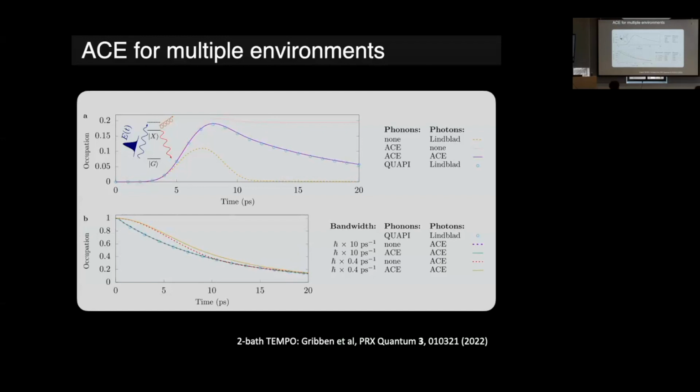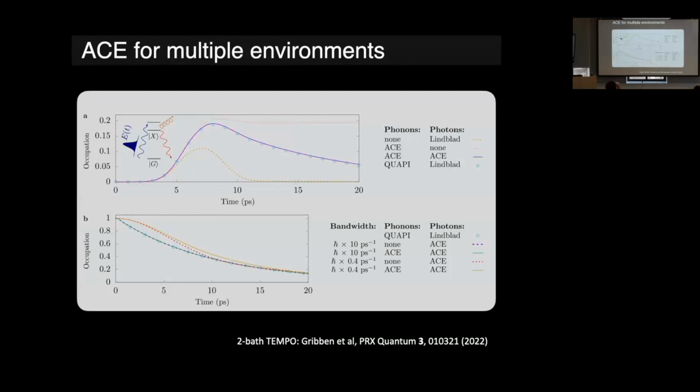If we don't have phonons present, we cannot fully excite the system because we're detuned. A detuned laser pulse will not lead to a complete inversion of the population. This is the dashed line. It doesn't really matter that we have the photon decay; by the time the laser pulse finishes, we're back in the ground state.